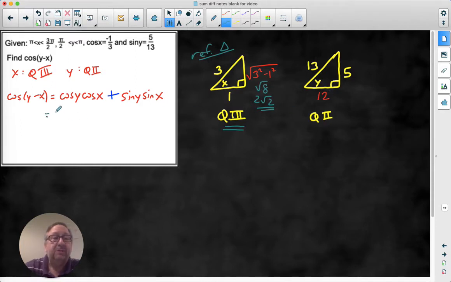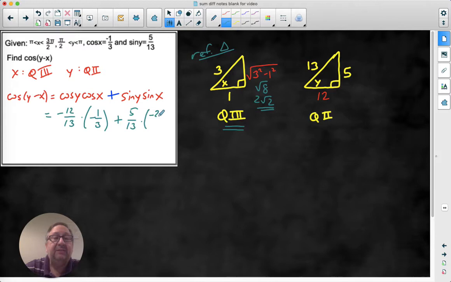So here we go. We need the cosine of y triangle, 12/13, but in quadrant 2 cosines are negative, so negative 12/13. Cosine of x is given as negative 1/3 plus. Sine of y is given as 5/13. Sine of x, we're in the triangle 2√2 divided by 3, but in quadrant 3, that's negative.